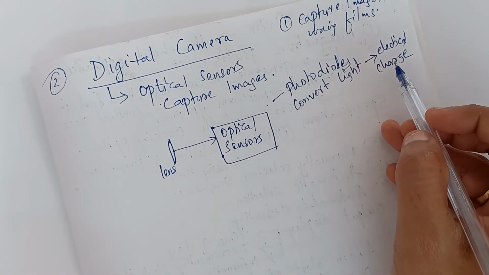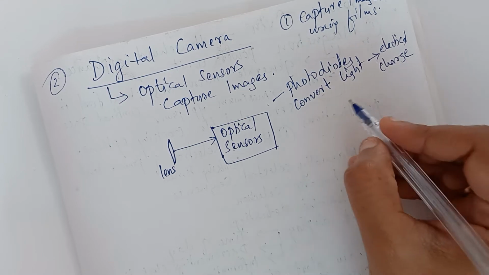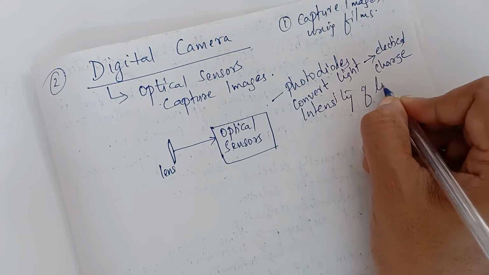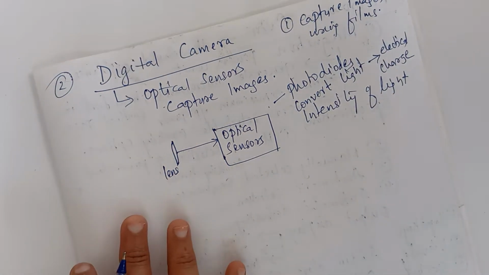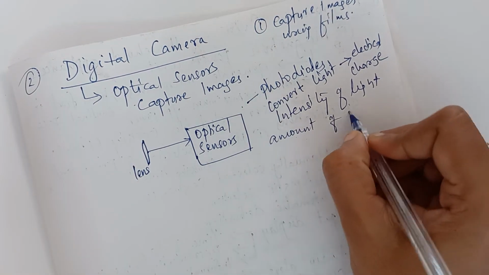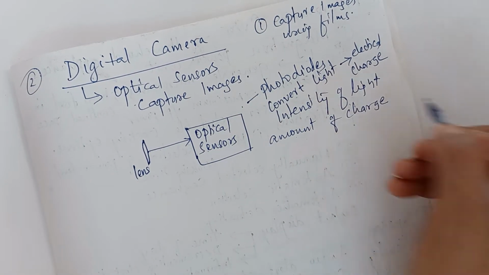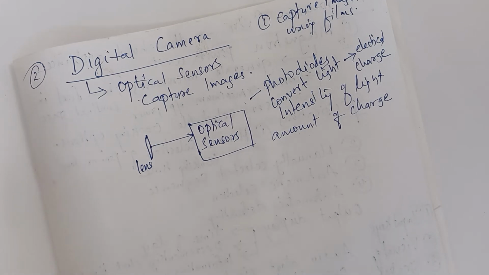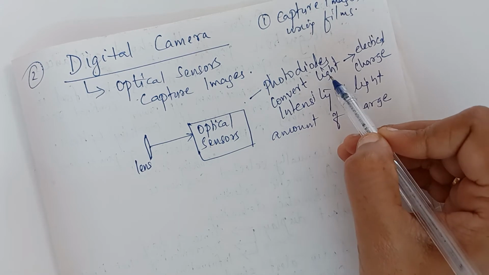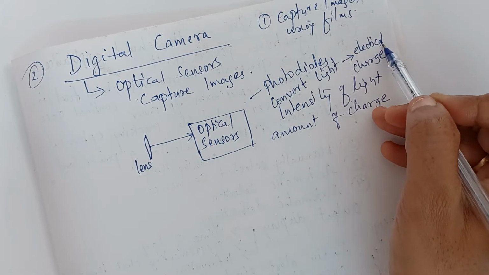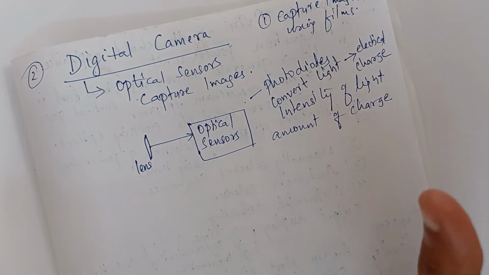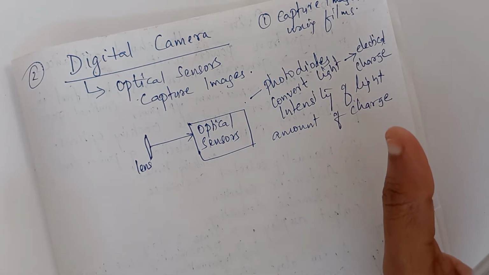Light is getting converted into electrical charge, and the intensity of the light will determine the amount of charge that is generated. Photodiodes convert light into electrical charge, and the intensity of the light will decide how much charge is generated.